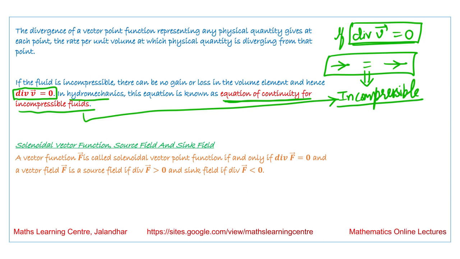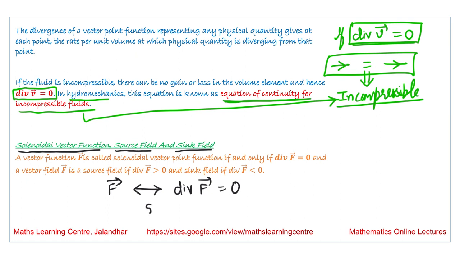Next we have the definition of the solenoidal vector function, or source field and sink field. We have a vector function f vector. It is said to be solenoidal if the divergence of f vector is equal to 0.